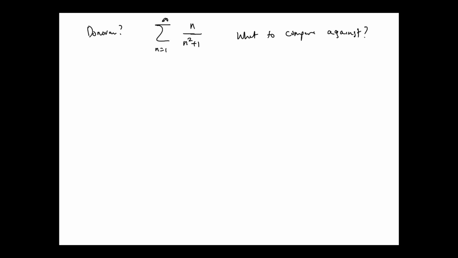Okay, so here's my rule of thumb for these situations where oftentimes the series, the thing we're looking at, is a rational function, meaning it's some sort of polynomial or algebraic expression in terms of n on top and on bottom. What is the biggest power of n you see on top? Just the first, okay? And what about on the bottom? Okay, so what I'm going to compare against would be the ratio of those things.